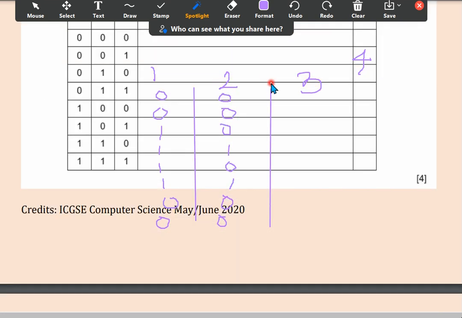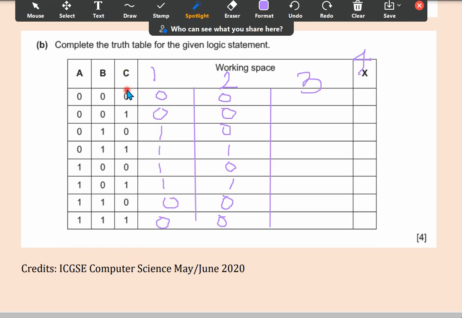So you're gonna base it on the C, and then just look for the NOT of C. So if this is 0, it's gonna be 1 for the first input here. 0, 1 is gonna be 0. 0 is 1. 1 is 0. 0 is 1. 1 is 0. 0 is 1, and then again 1 is 0.